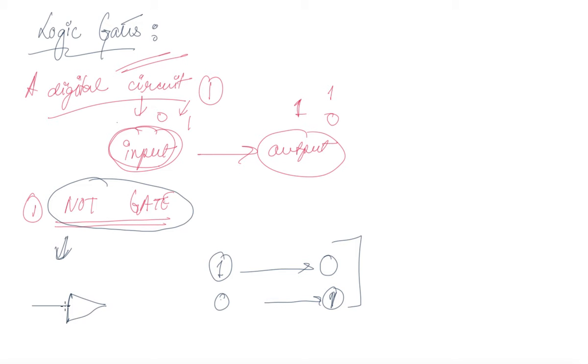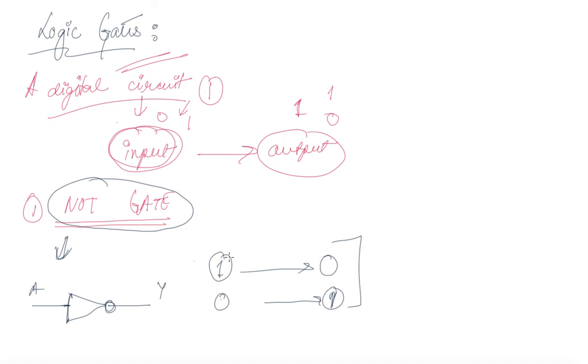If this is the input A and the output is Y, the symbol is given by the diode symbol with a NOT at the tip of the diode. So this is the symbol of your NOT gate.